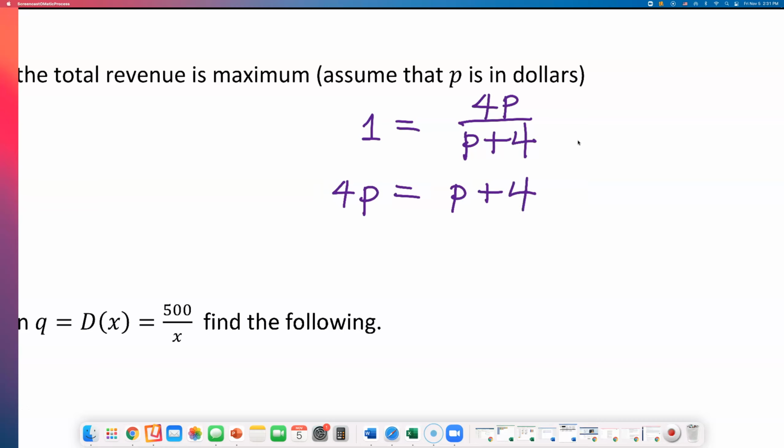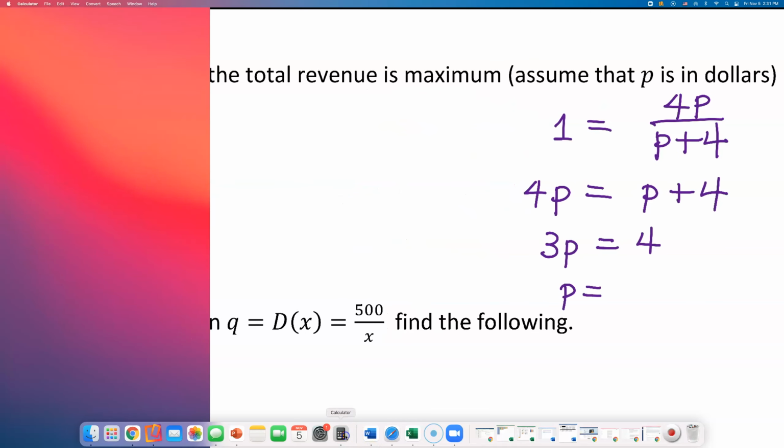If I subtract p from both sides, I will get 3p equals 4. And if I divide both sides by 3, I will get p equals 4 divided by 3. I think it's $1.33-ish.